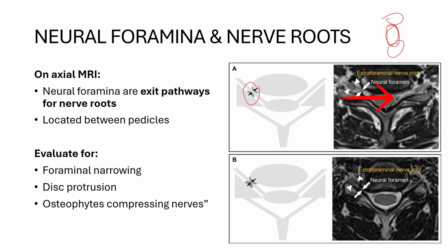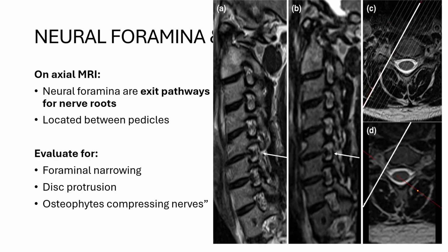In this image there is normal neural foramina, whereas in this one bilateral narrowing and right side narrowing is noted. This is the sagittal image showing the pedicles, and these structures are the neural foramina. We can see here narrowing of the neural foramina due to disc herniation and small osteophyte formation.